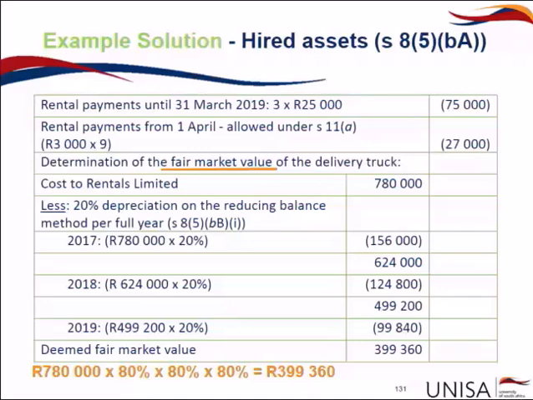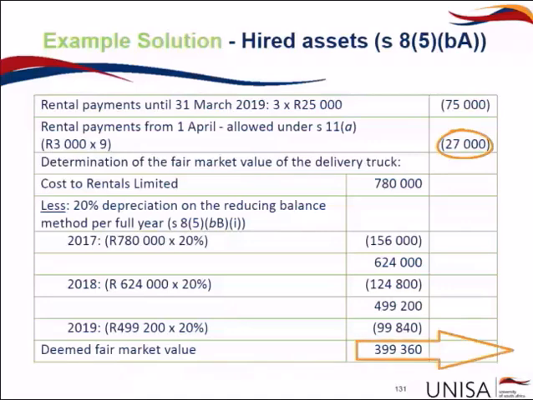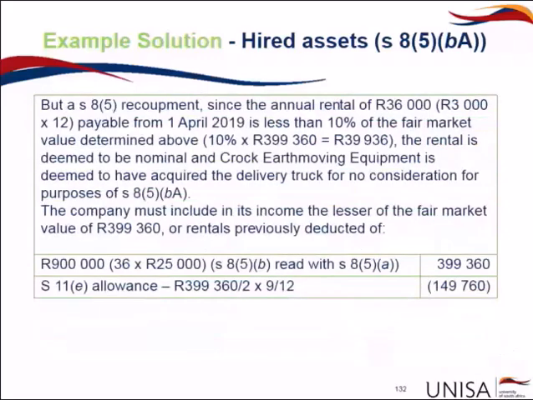However, we also need to check whether or not there is a nominal rental that is being paid as a result of the change in the amount after the lease period. That nominal rental amount is calculated by looking at what the annual rental would be under the new terms, being the 3,000 for 12 months, so 36,000.